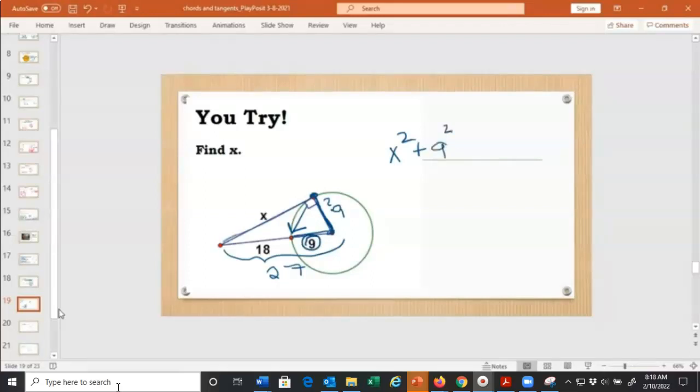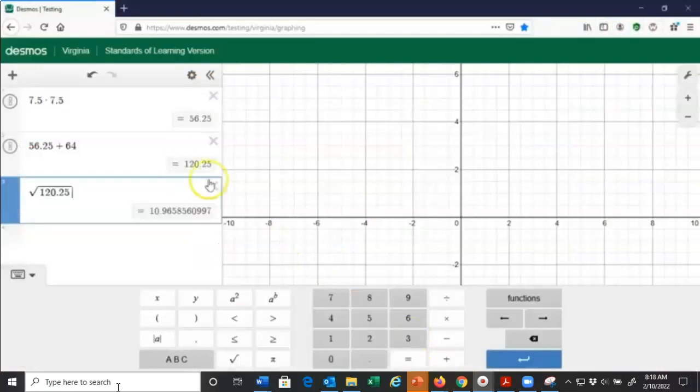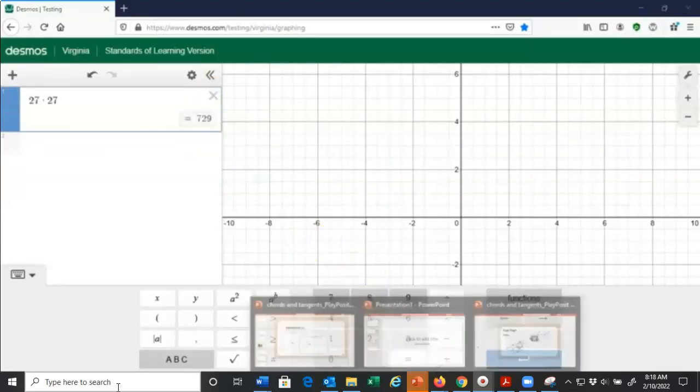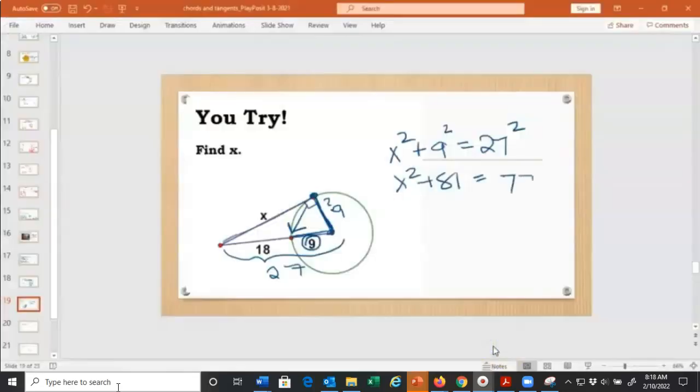We use that clue in the picture to help us there. And the hypotenuse always goes on the right-hand side. So we're going to have x squared plus 81 equals, I have no idea what 27 squared is. You guys, that's a big number. 729. Alrighty.